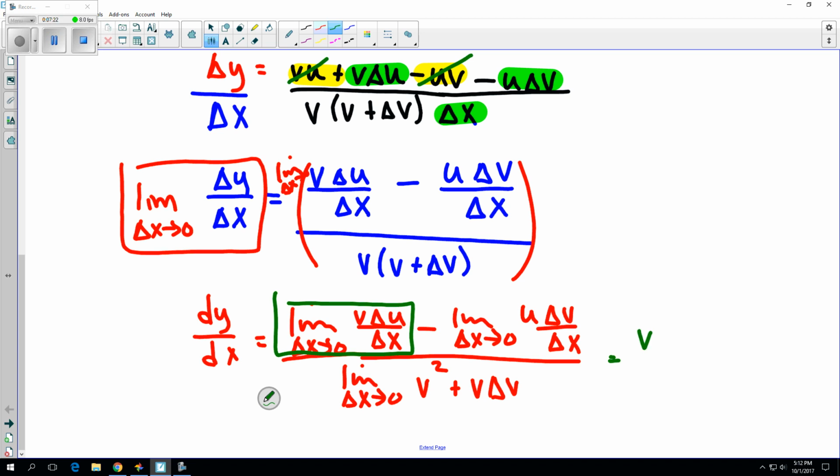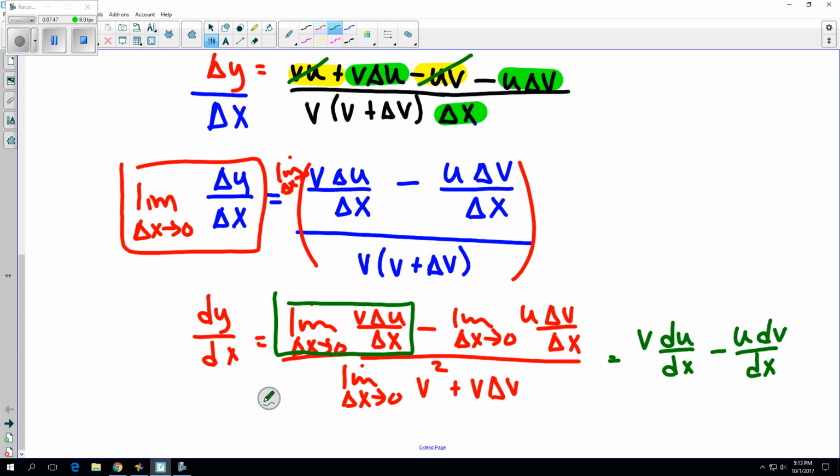As delta x goes to 0, delta u over delta x is now du dx by definition of a derivative. Change in u over change in x, as the change in x goes to 0, minus this is u. Change in v over change in x is dv over dx.